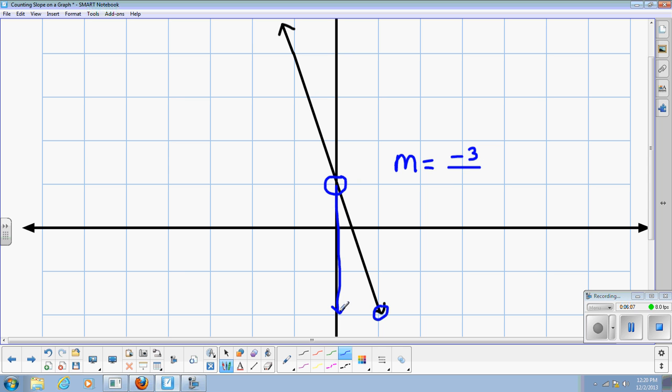Well, how much do I go over? 1. I've counted down negative 3. I have counted right to the 1. So now I have negative 3 over 1. Negative 3 divided by 1 gives me a slope of negative 3. So if I'm counting down by 3's on this one, down 3 for one space.